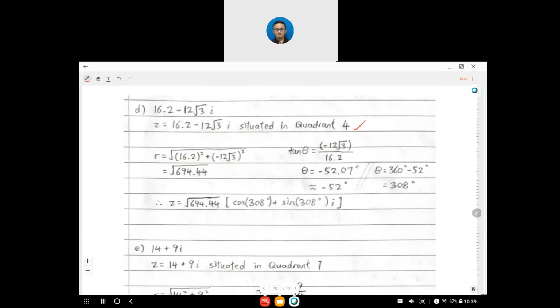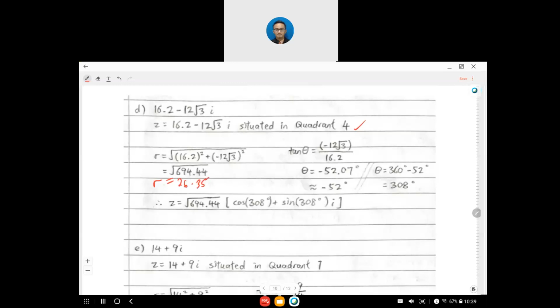Again, when your R is in terms of decimal, no need to give your answer in terms of square root. So, you must give the answer in terms of decimal lah. Square root of 694.44. So what is your answer? 26.35. So bagi terus dalam decimal. Tak ada kita bagi decimal, lepas tu ada square root. Okay, kalau real number lain, 26.35.